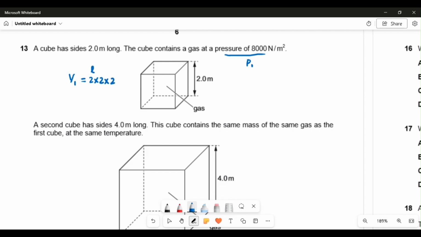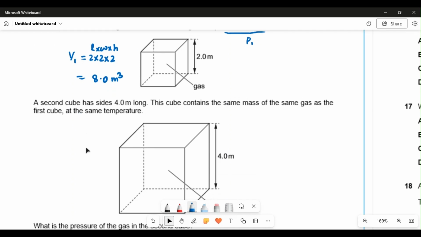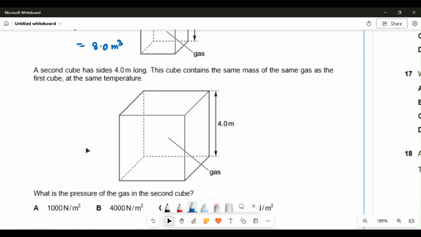Because it is 2, 2, 2, I can say it is 8.0 cubic meter. On the other hand, we have another cube that has a 4 meter long side, so its volume can be V2. Again, length times width times height gives us 4, 4, 4, that is 64 cubic meter.